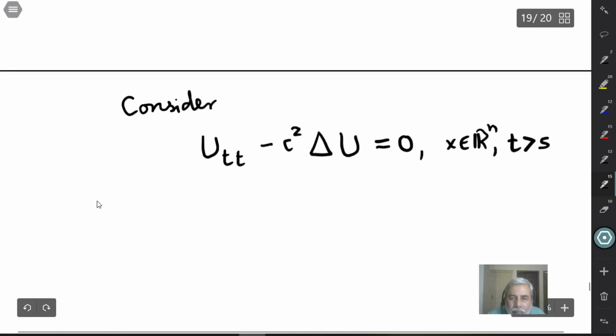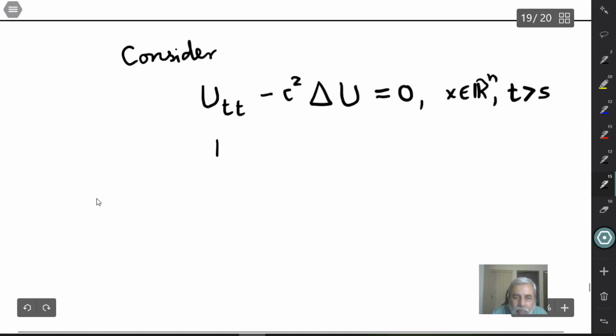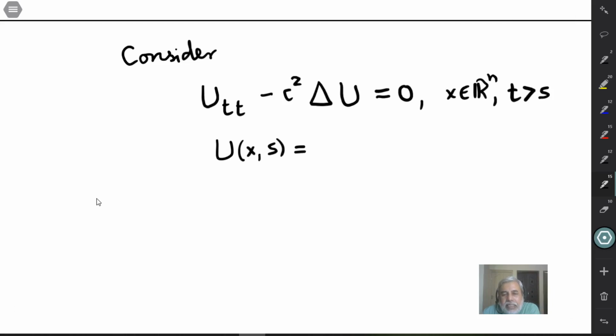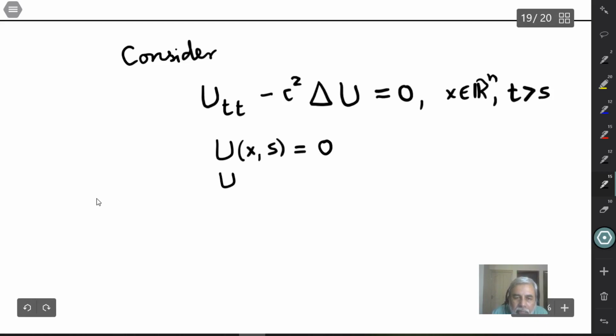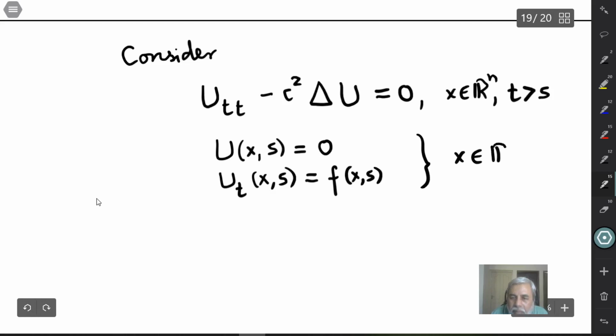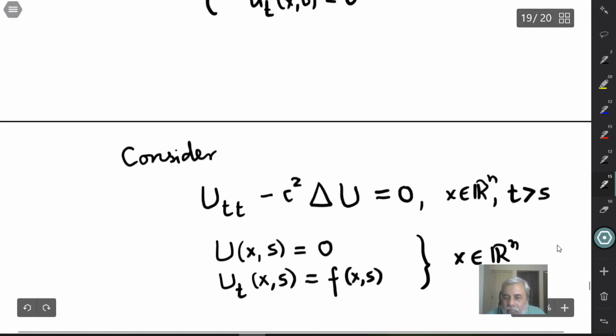And we prescribe initial conditions not at t equal to 0 but at t equal to s. So u_t at x, s is given by f of x, where x is in R^n. So this is only a translation in the t variable.